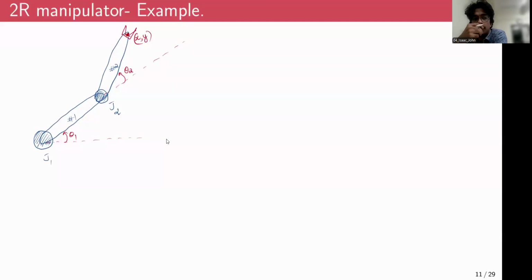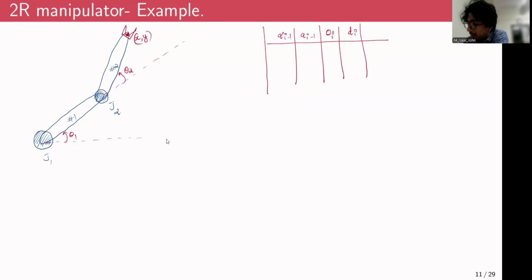All right. So now what we have to do is there are four parameters: alpha i minus 1, then you have a i minus 1, then you have theta i, then you have d i. And if you can recall from the previous slides, the first two we call the link parameters, and the second two we call the joint parameters.